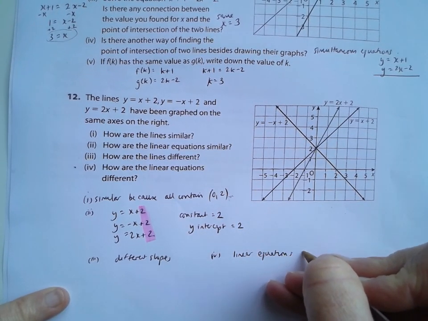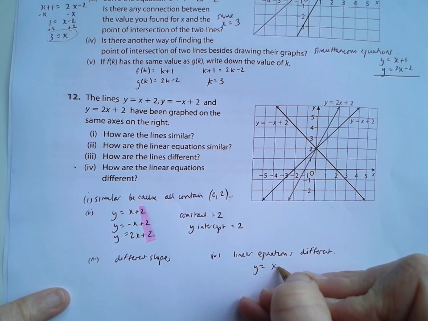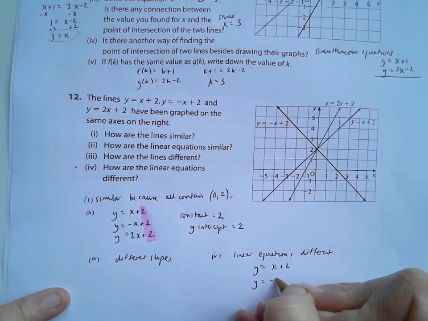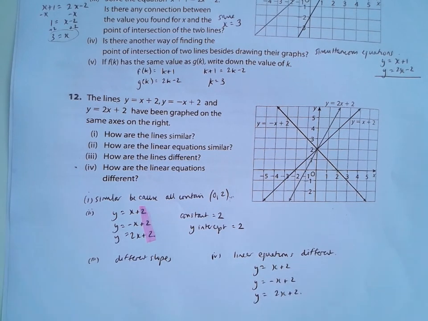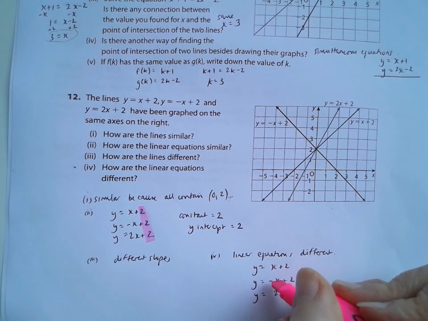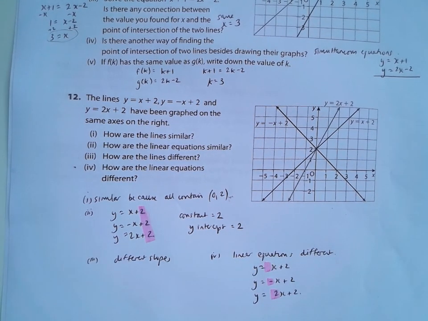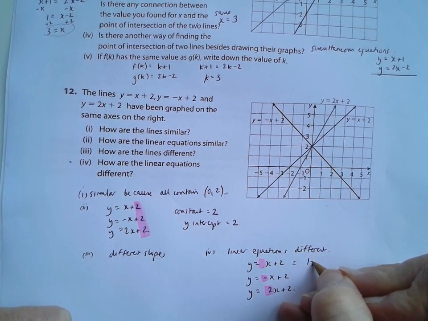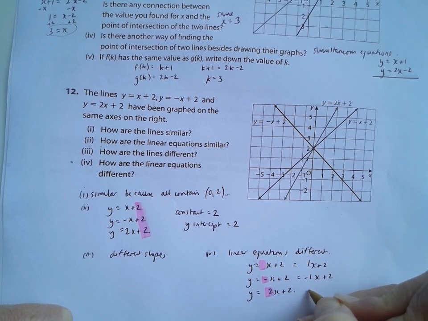Part 4, how are the linear equations different? Well, let's compare them. We've got y is equal to x plus 2, y is equal to minus x plus 2, and y is equal to 2x plus 2. So I think the difference here is this, isn't it? That is 1x plus 2, that is minus 1x plus 2, and that is 2x plus 2.